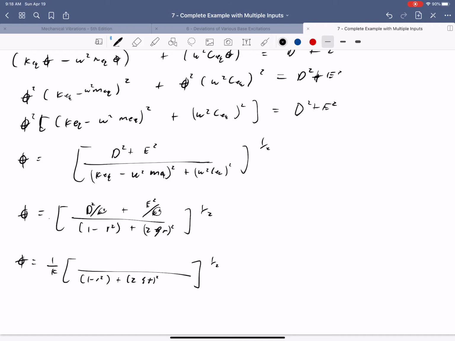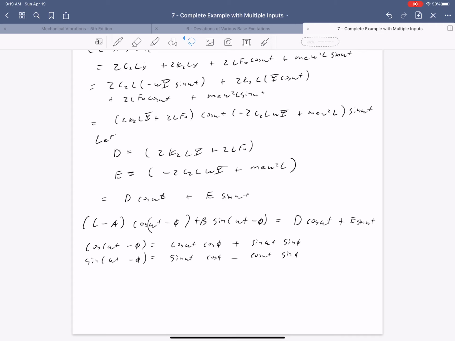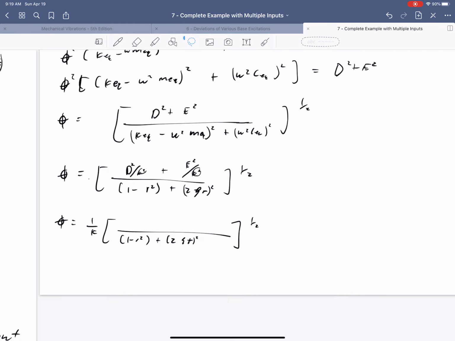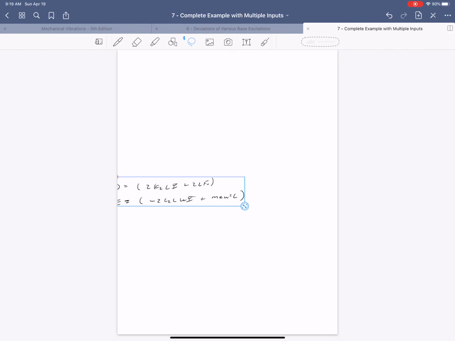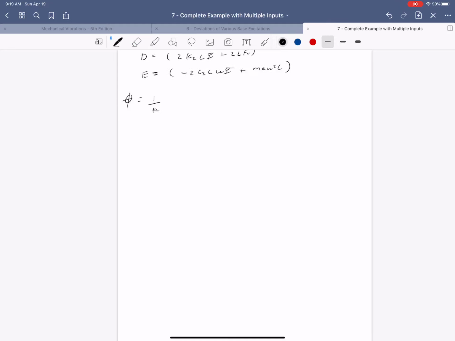And then let's look up what D and E were. Let's pull those over. Okay. In fact, let's just give ourselves a new thing. Okay, so this becomes capital V is 1 over K. I made a typo there.